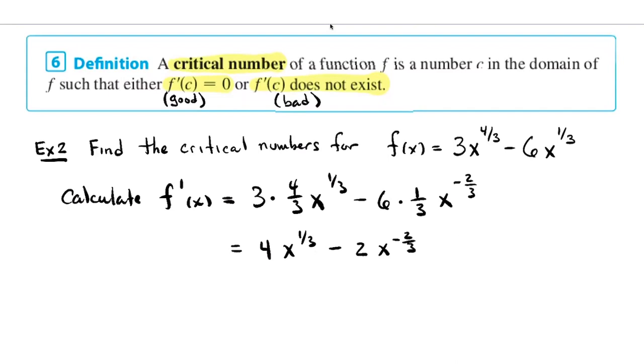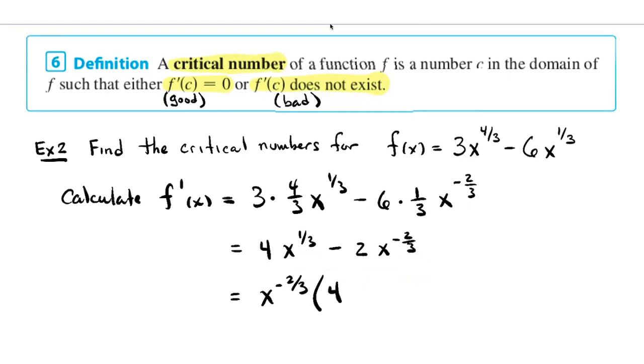Okay, I'm done differentiating, but I need to answer a couple of questions about this derivative. I need to know, when is it 0, when is it undefined? And this form is not all that useful for answering that. So I'm going to put it in a form where I can answer that. I'm going to factor out the smaller of the two exponents that I have here, 1/3 and minus 2/3. The smaller exponent is minus 2/3, so I'm going to pull that out of this expression.